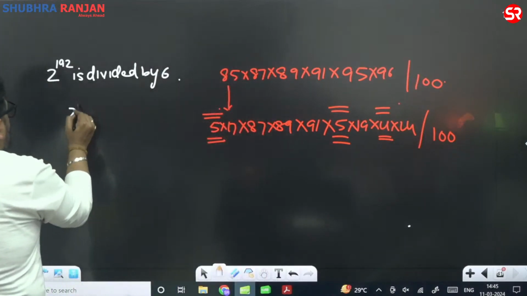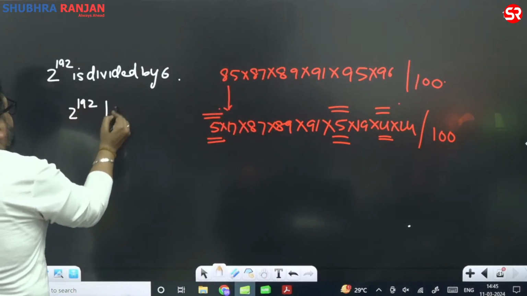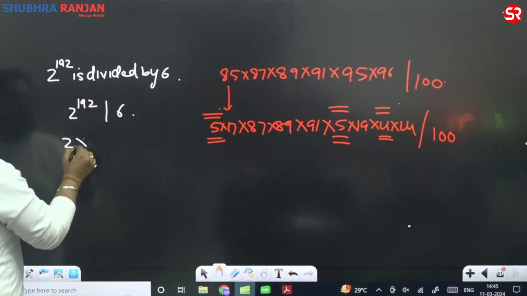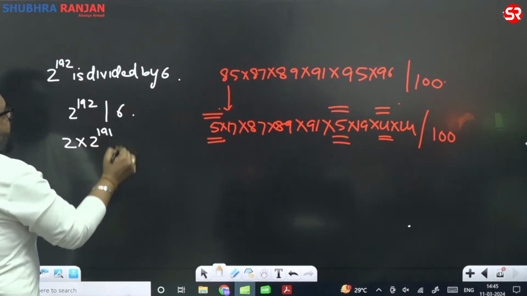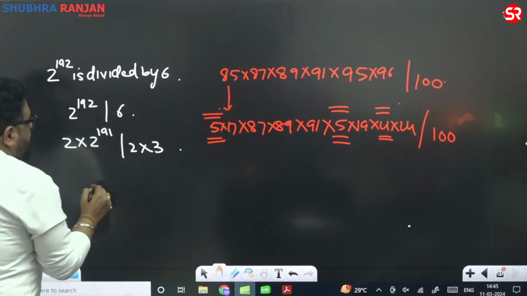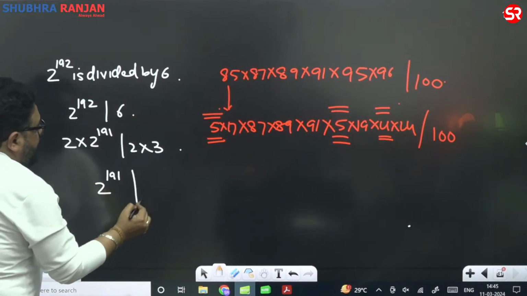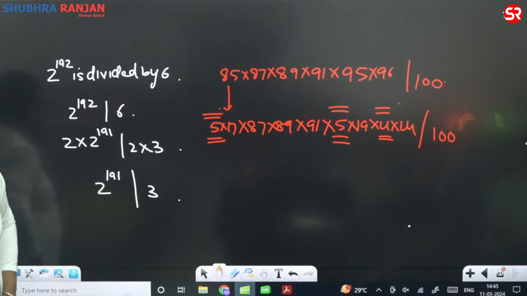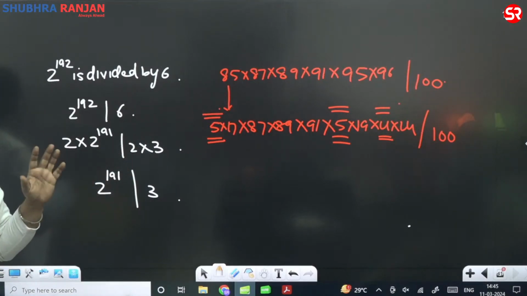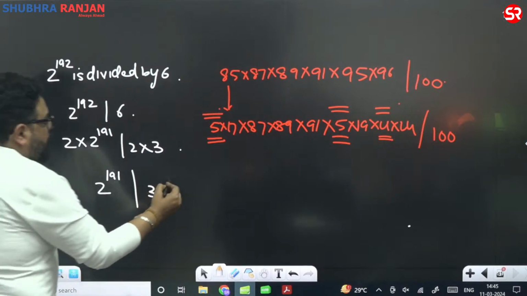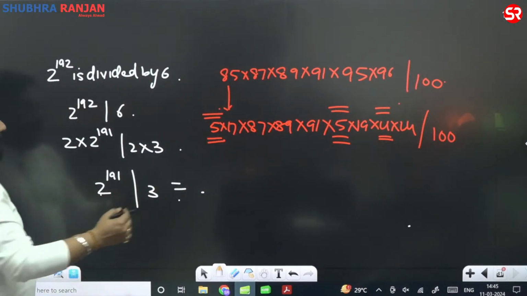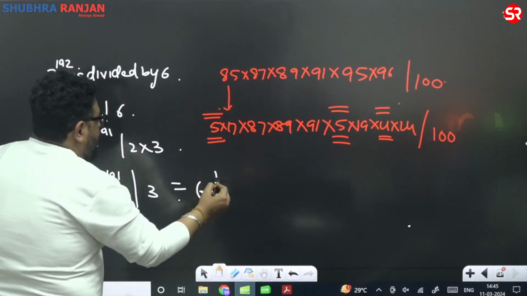2 to the power 192 divided by 6, which is 2 into 2 to the power 191 divided by 2 into 3, which means 2 to the power 191 divided by 3. 2 and 2 cancel up and down. And then 2 when divided by 3 is minus 1, so minus 1 to the power 191.